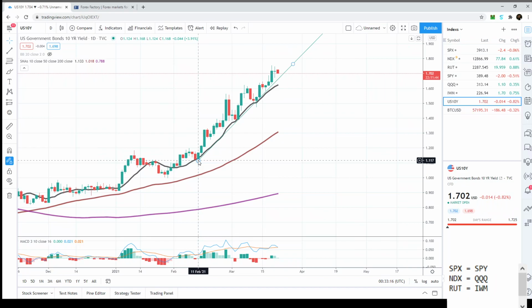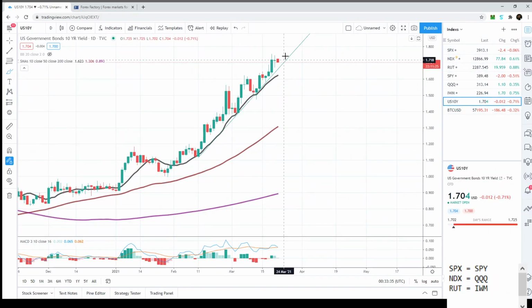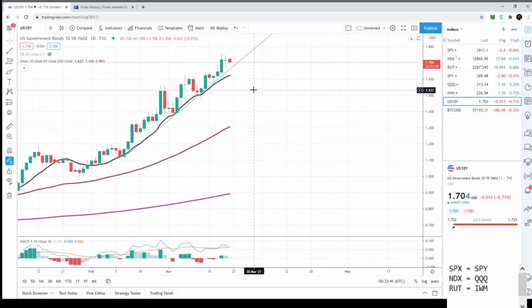So we can see from February 11th on the Nasdaq, February 11th was over here. The Nasdaq was much more choppy, right? Much more choppy over here. But the 10-year yield has been going up straight, really. So the correlation hasn't been as strong recently.